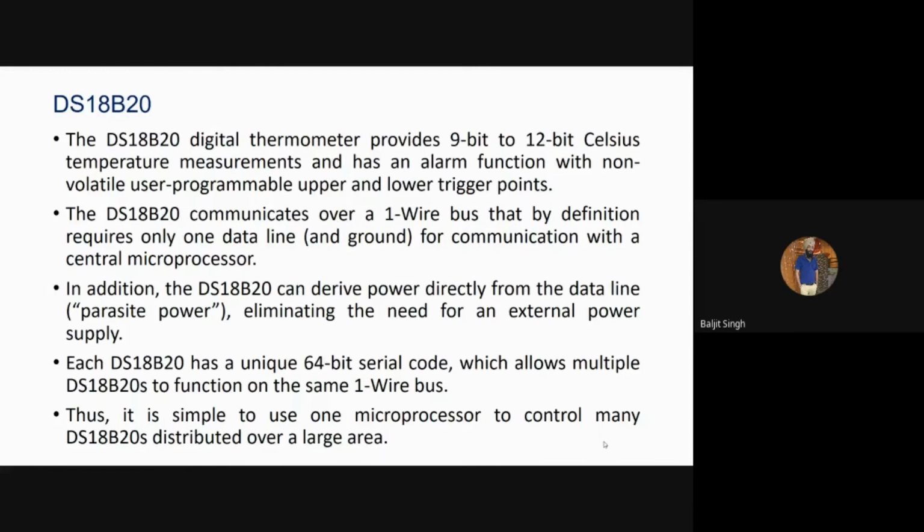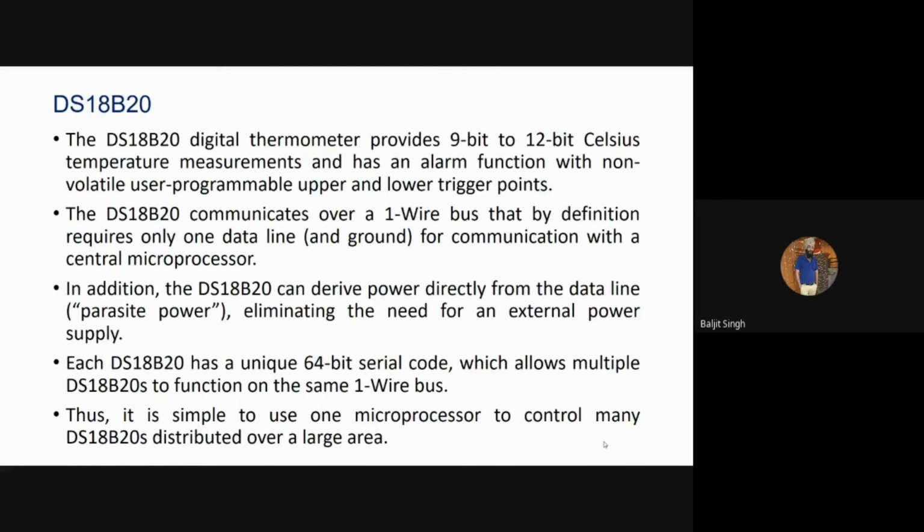That means you can program the sensor to give a specified alarm if the temperature increases beyond some point, or decreases beyond some other value also.